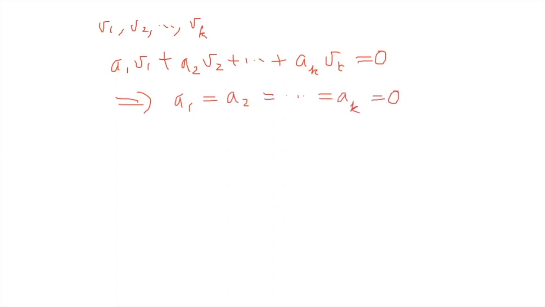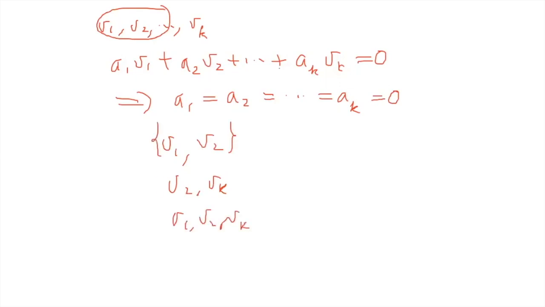If V1, V2 up to Vk are linearly independent, then any of these subsets, like V1 and V2, is also linearly independent, because if it's not, it would violate this condition. Similarly for V2, Vk, or V1, V2, Vk. Any subset of these vectors is linearly independent.